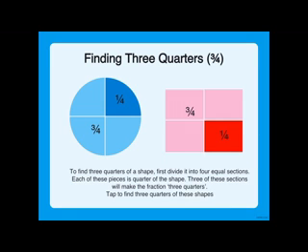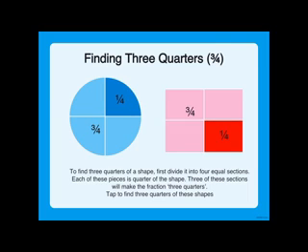If we wanted 3/4, well, if you remember, quarters has a denominator of 4, so we cut it into 4 equal pieces. And this time, instead of talking about one of the pieces, you talk about 3 of the pieces. So it becomes 3/4.